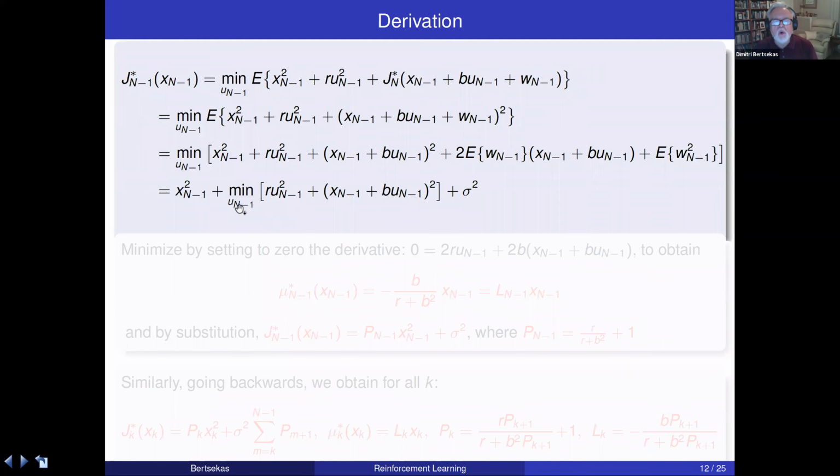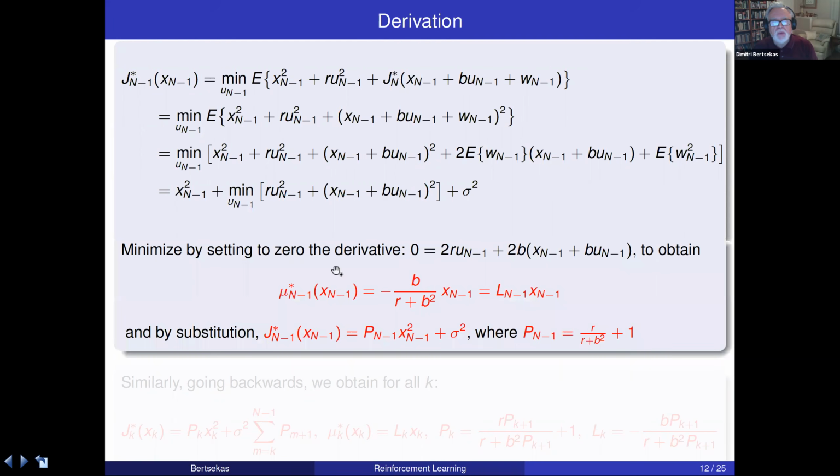The minimization over uN-1 is quadratic in uN-1 and can be done in closed form. How do we do that? We set the derivative of this expression with respect to uN-1 to 0. So that's the derivative. We set it to 0, and we solve for uN-1.